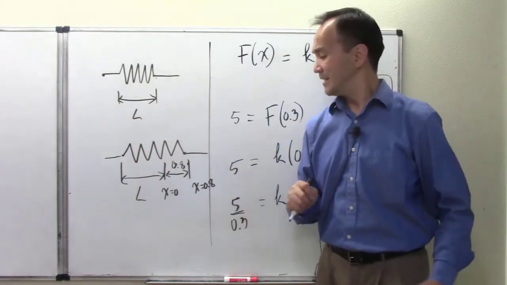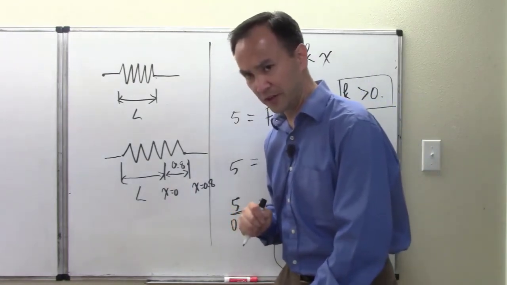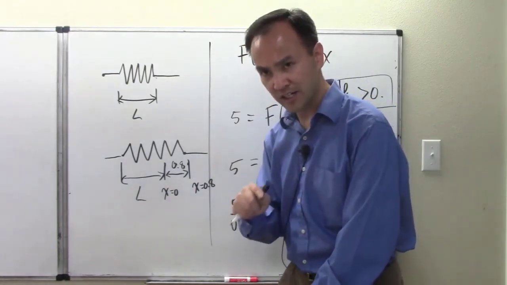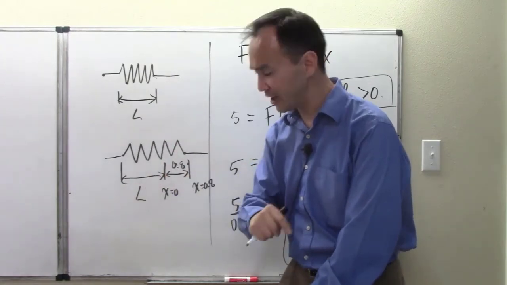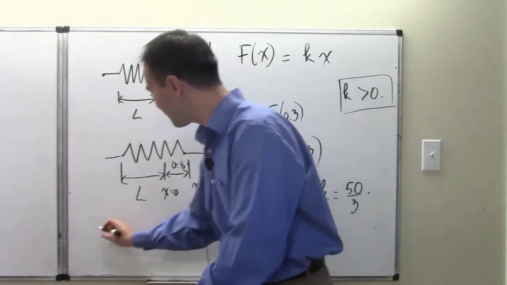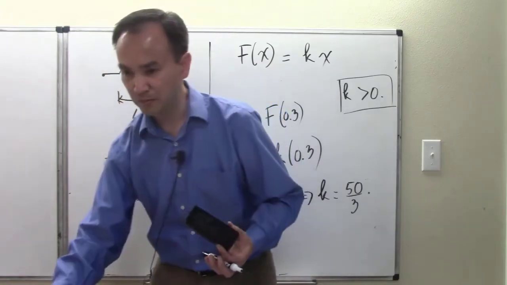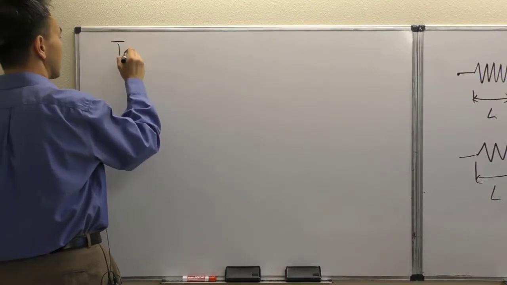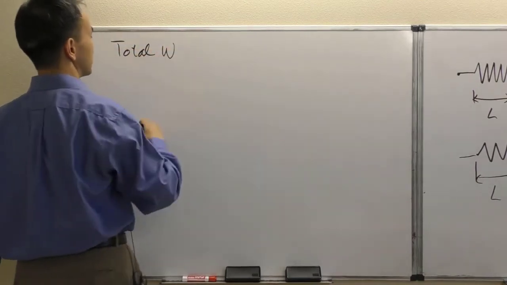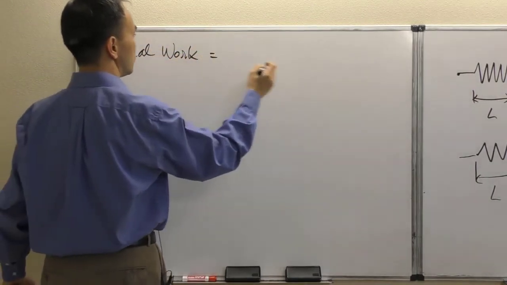Now I have to remind anyone viewing this lesson: total work here is done by what? Accumulating all the little work amounts. As a reminder, I'm going to swing to the other board. Total work equals accumulation.